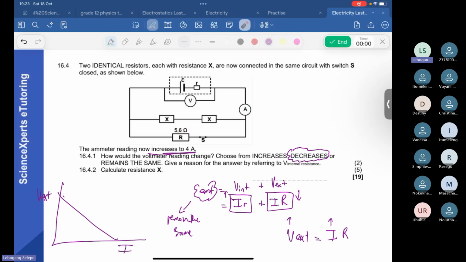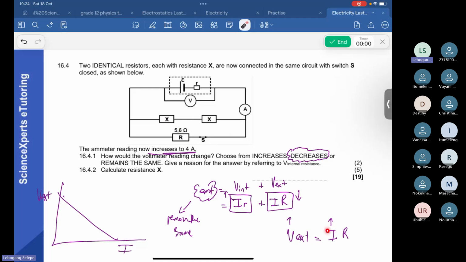Why should we explain it in terms of what happens to the internal resistance first, and not just go straight into using this formula and say that as I increase the current, V external has to increase as well? This is because there won't be a controlled variable. Remember we said that we can't change the current without changing the external resistance first. We need to tamper with the resistance, then it will tamper with the current.